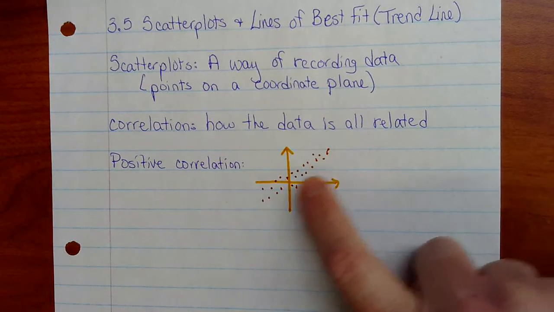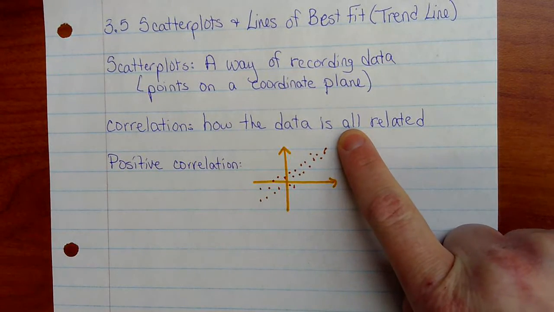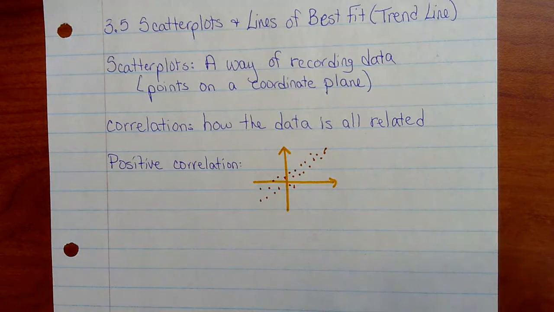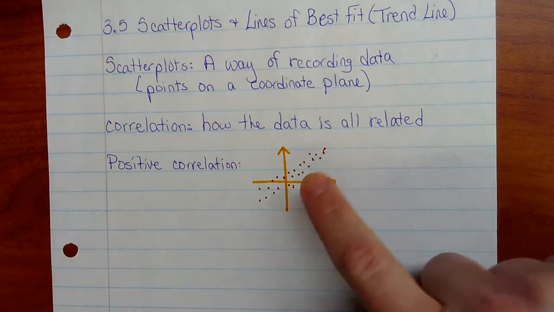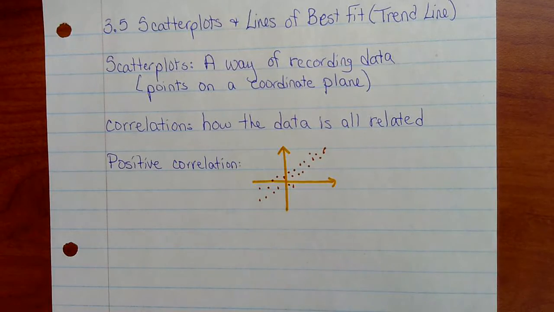So as X increases, Y increases. It kind of follows that positive slope pattern. This is what a positive correlation looks like. It goes up from left to right.